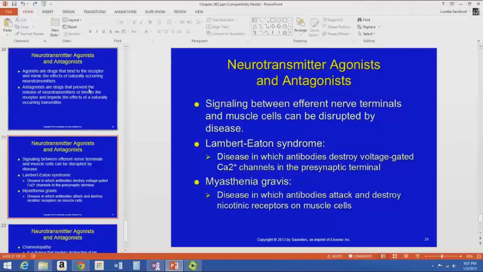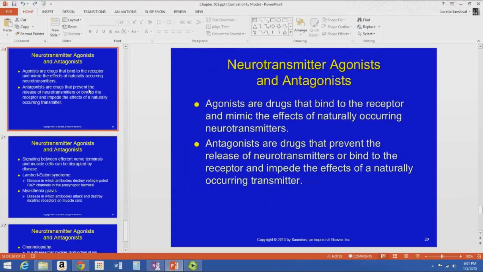There are medications that are neurotransmitter agonists and antagonists. So obviously the agonists are drugs that amplify the effect, and antagonists are drugs that decrease the effect of the neurotransmitter. The agonists a lot of times will mimic the effects of the naturally occurring neurotransmitters.